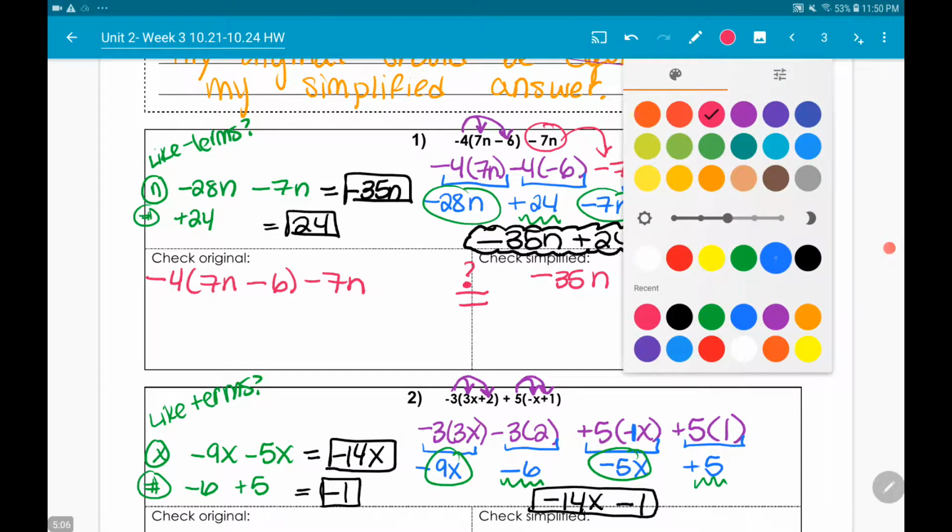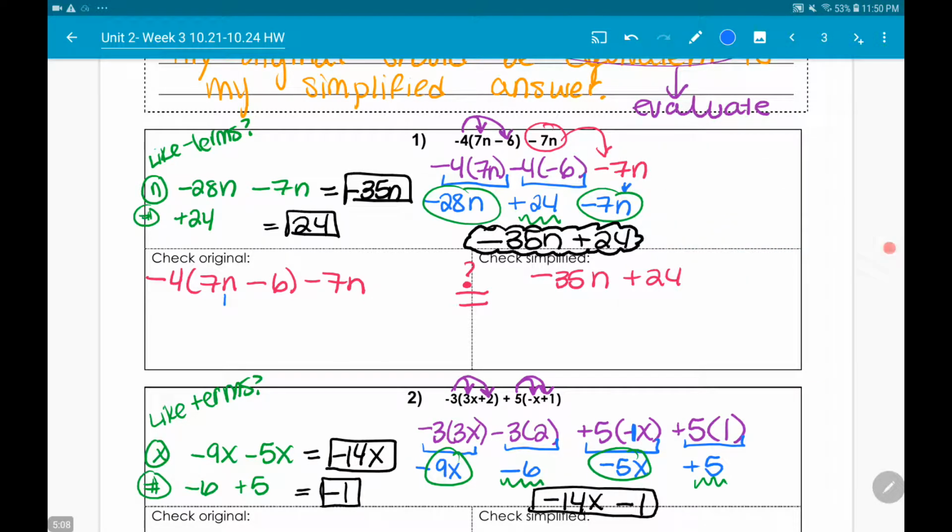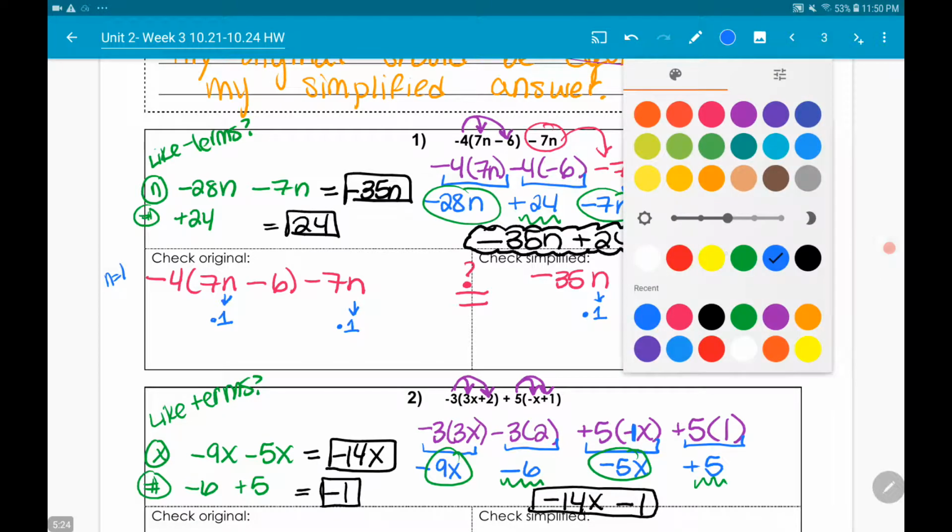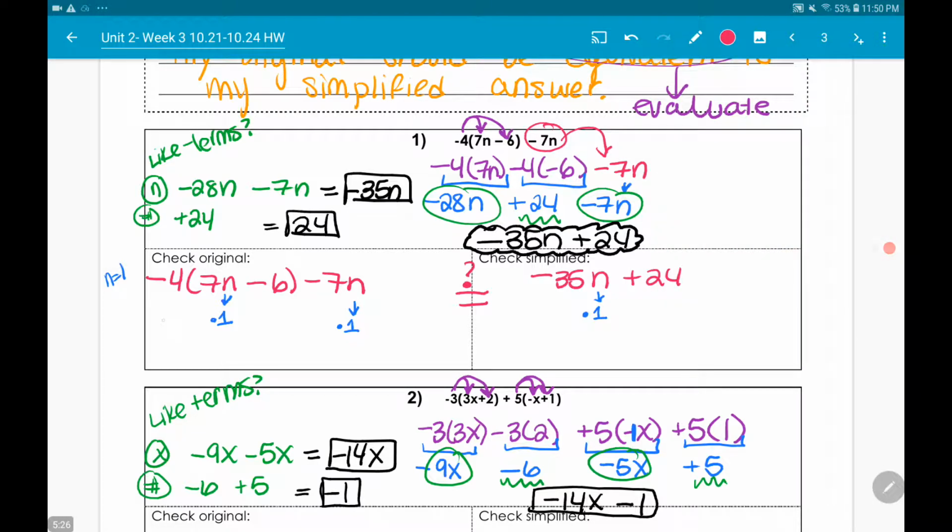All right, we do that by evaluating. So I'm going to pick a number for n. I'm going to pick 1 since that's easiest. Okay, I'm going to rewrite everything else. Remember that dot means to multiply.